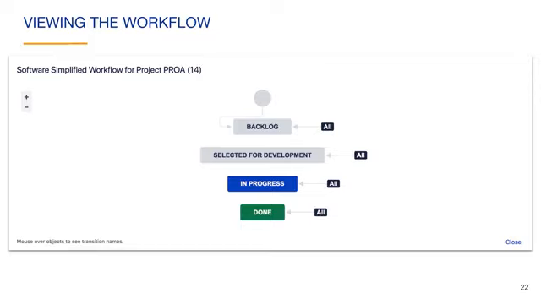On the board, this means that you can drag an issue from any column to any other column. For example, you can change the status of an item from backlog directly to done if you would like. In Jira, you can customize workflows in many ways, including the enforcement of step-by-step movement of issues through the workflow. This can be used to ensure that every step of the workflow is completed.